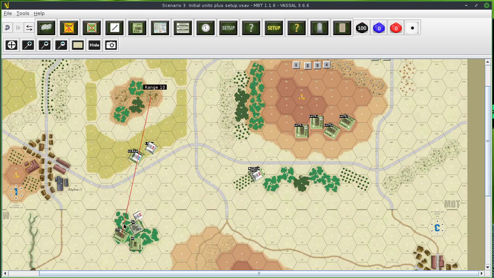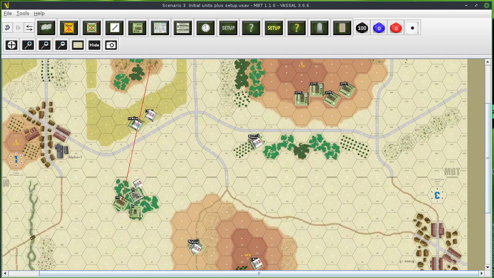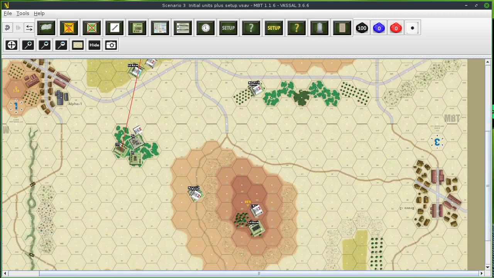Well, at the very least I can put one of my recon units over there. So I have second recon over, first recon over here. So maybe I want to put the first recon right next to it, even though it doesn't matter that much, but oops. So I'm going to move my first recon unit over there.